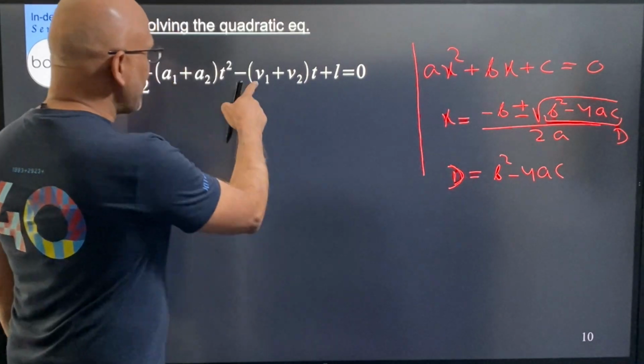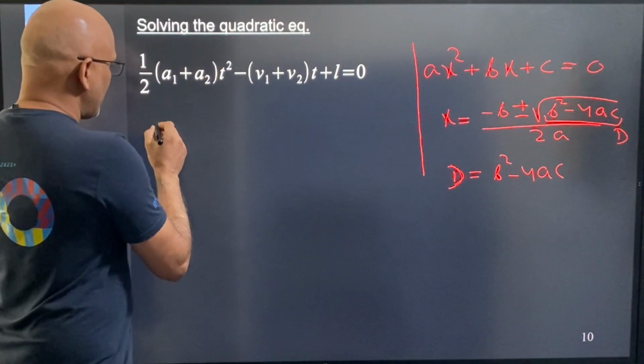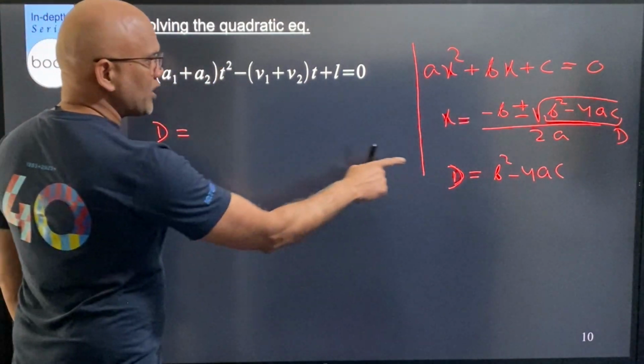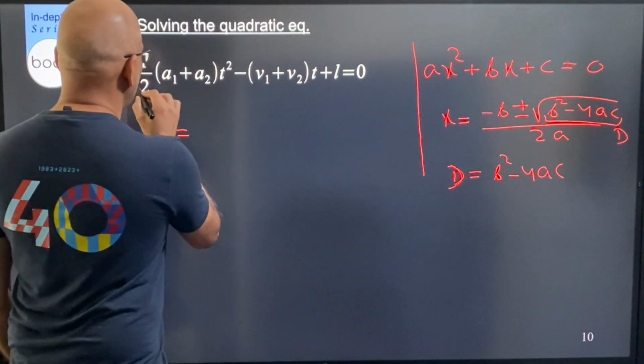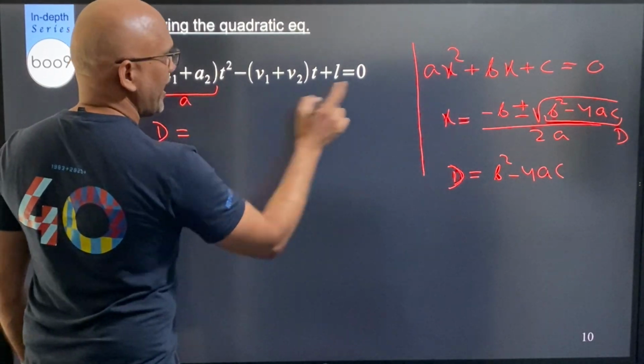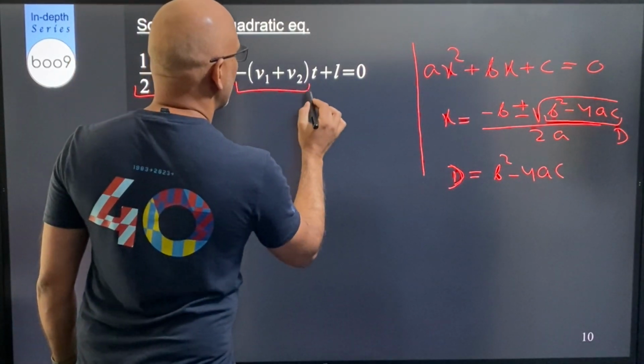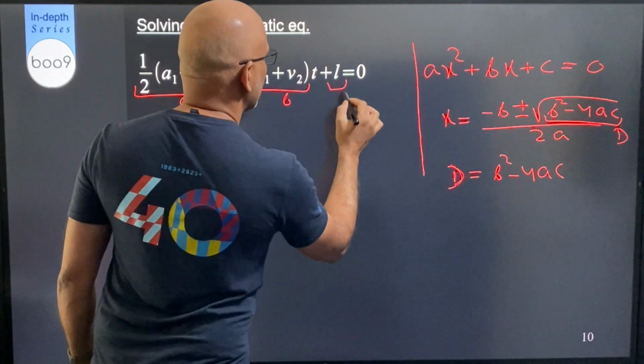All right, so let me try to write down the discriminant for this. D is going to be b square minus 4ac. So for me, this is a, this is b, and this is c, right?